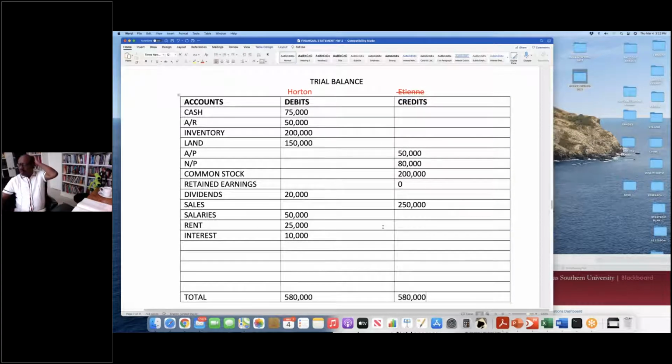So this is where we worked through the last exam, and this is the hardest part, correct? No, it's not. The end part, the closing journal entries.